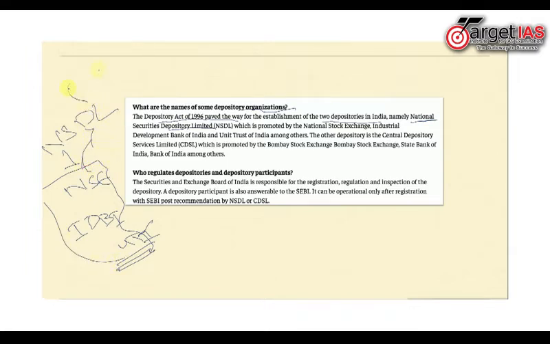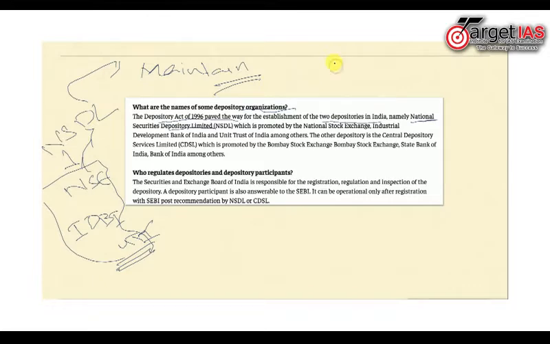And what is the role of depositories? Maintaining your securities. Why are they maintaining? Because they wanted to reduce the risk of holding the securities. There is a risk of frauds, there is a risk of theft or disaster. You can understand that with another example.